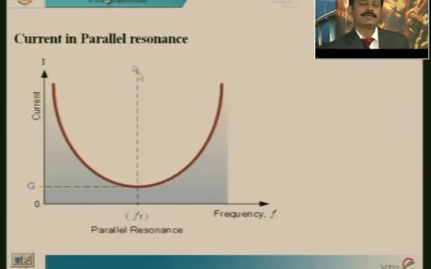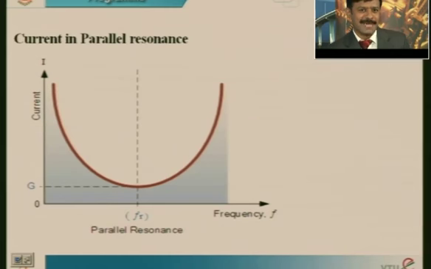Next, current in parallel resonance. The frequency versus current plot is shown here, and as I already told, the impedance will be maximum in the parallel resonance circuit.